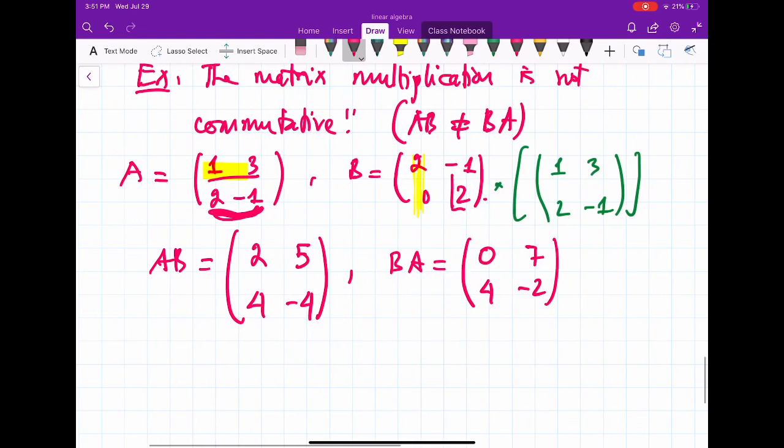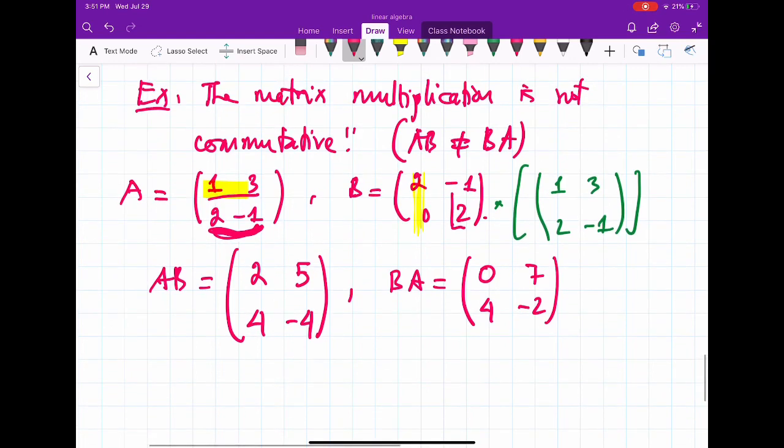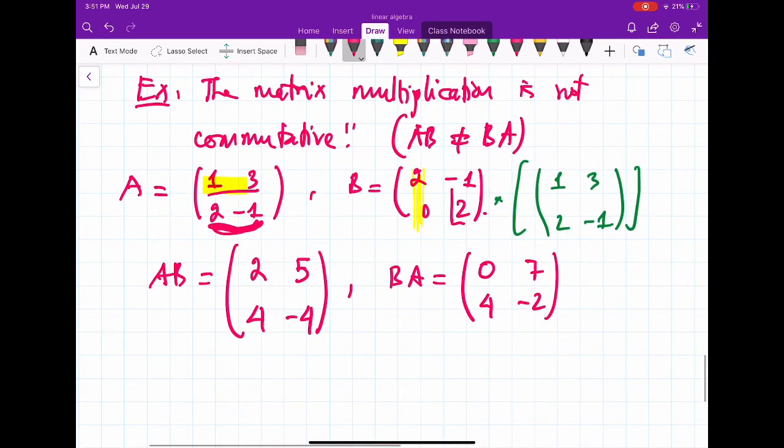So basically BA and AB exist, right? But unfortunately, they are not equal. So since AB and BA are different, the matrix multiplication is not commutative.